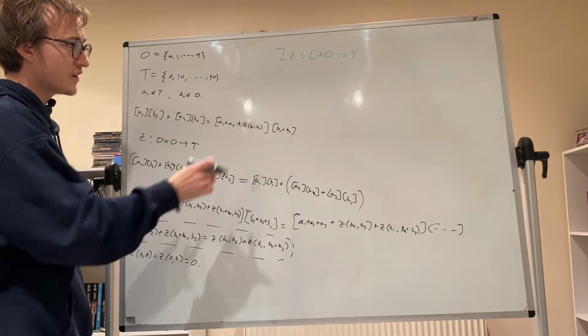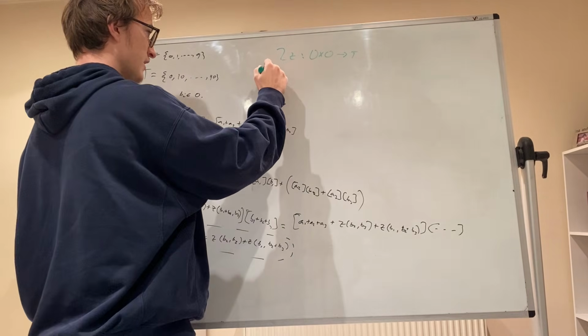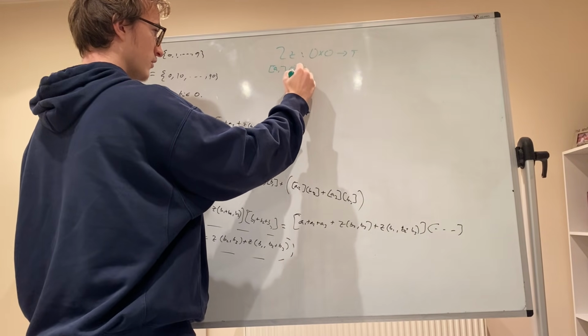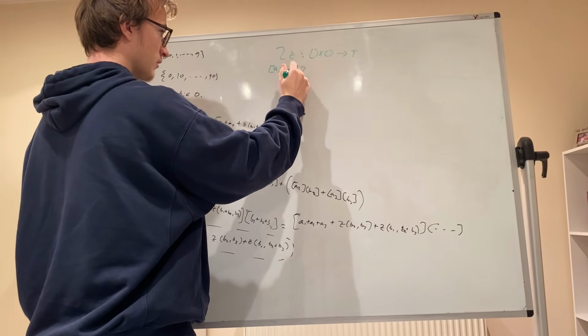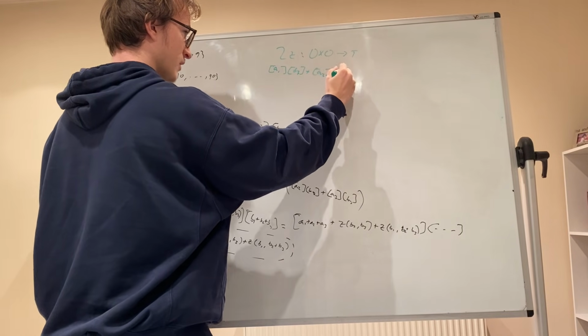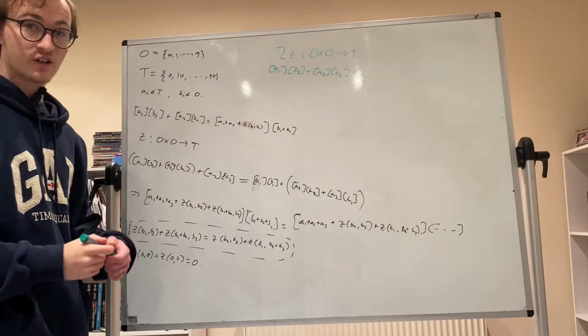And how is this? Well, in this case, if we again define addition A1, B1 plus A2, B2 equals this thing right here, then we get a different addition structure.